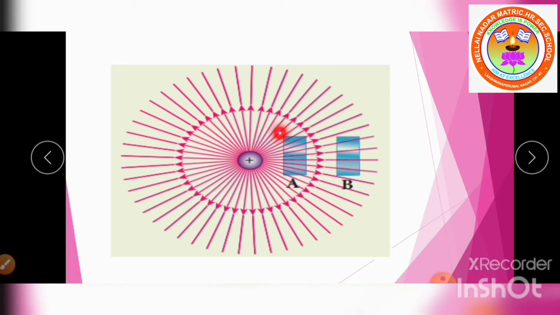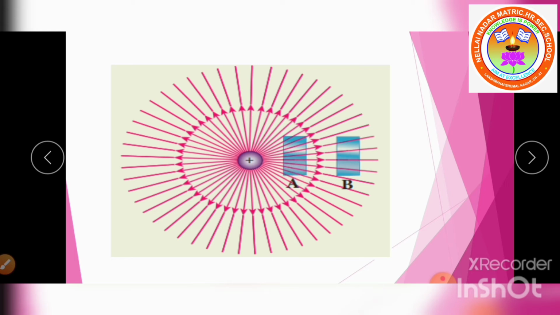More lines crossing means more electric field. Fewer lines crossing means the electric field value is less. In another way, let us consider this charge as Q. The surface area at point A is very close to it.